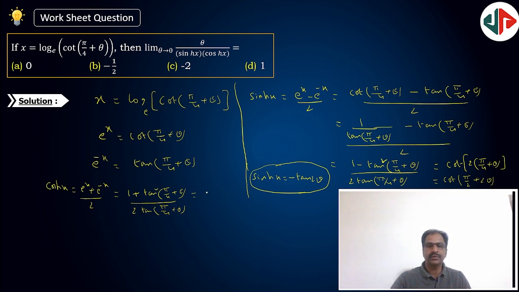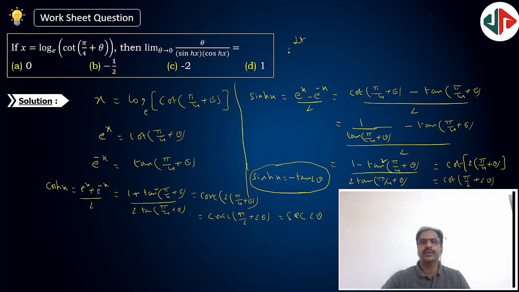This is the reciprocal of sin 2a, which is cosecant 2a, that is cosecant of pi by 2 plus theta, which is secant theta. So I got sinh x and cosh x.